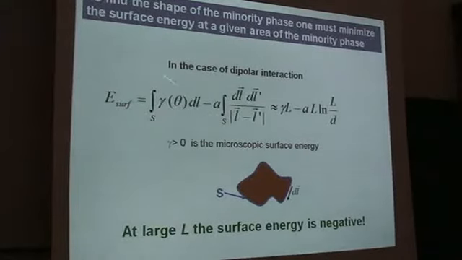This is the microscopic surface energy, which depends on angle. And this is the integral dl, so this is a kind of bubble of minority phase. dl is the element of the surface, and this integral is L logarithm L, roughly speaking, where L is its characteristic size.